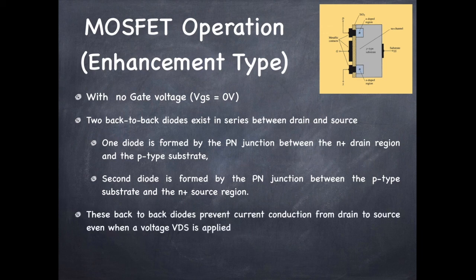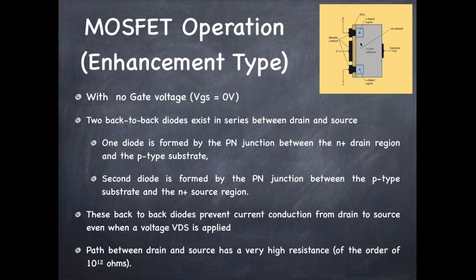And these back-to-back diodes prevent current conduction from drain to source even when we apply VDS. So with no gate voltage applied, the current flowing through the MOSFET is 0 in case of enhancement type MOSFET, and thus it offers very high resistance. It is in the range of 10 to the power 12 ohms.